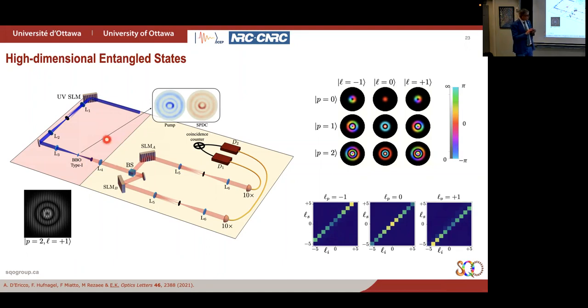If you shape the pump such that it has orbital momentum of +1 or -1, this symmetry is broken. Then you get correlation between +2 and -1, and vice versa, and +3 and -2. That's a beautiful way to show that in this nonlinear process the conservation also happens in the orbital momentum degrees of freedom.